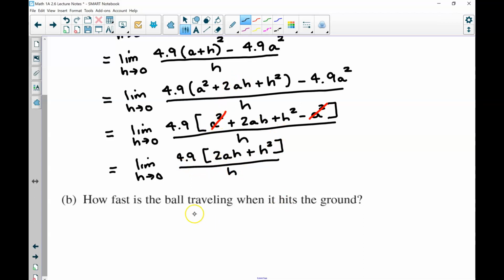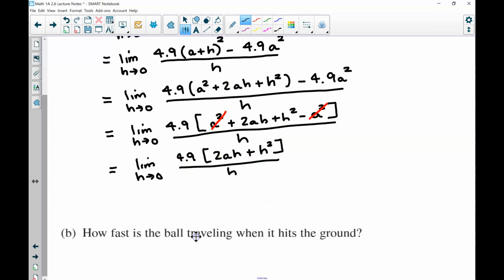And again, continuing to use our algebra, we're now going to factor out the h. So we have 4.9 times h times 2a plus h, over h. And then what happens there is we can simplify the h.